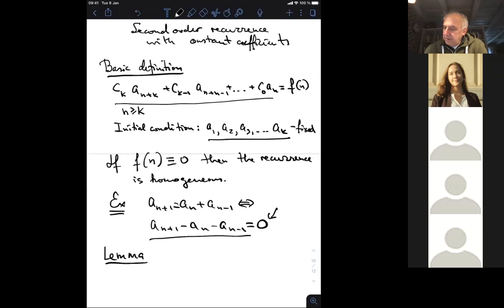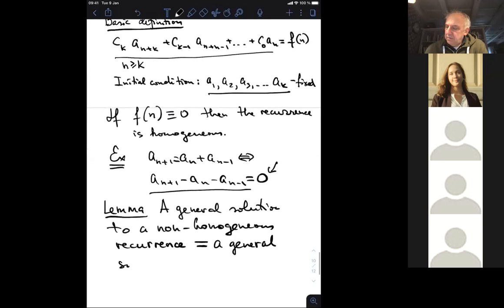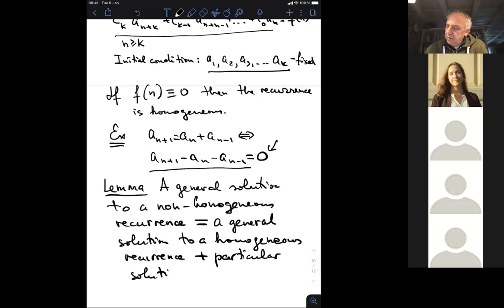So a general solution to a non-homogeneous recurrence equals a general solution to a homogeneous recurrence plus a particular solution to the non-homogeneous recurrence.